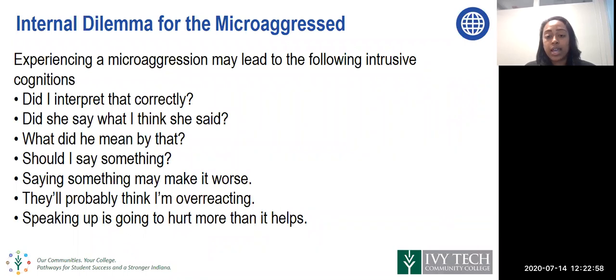If they don't feel protected, valued, or appreciated, then that student is going to face some isolation. And if there are enough microaggressions that student faces, that student might not come back to Ivy Tech the next semester.